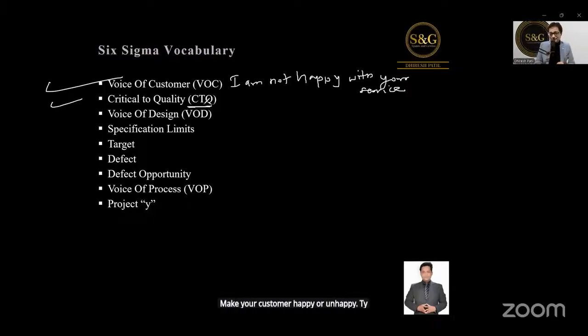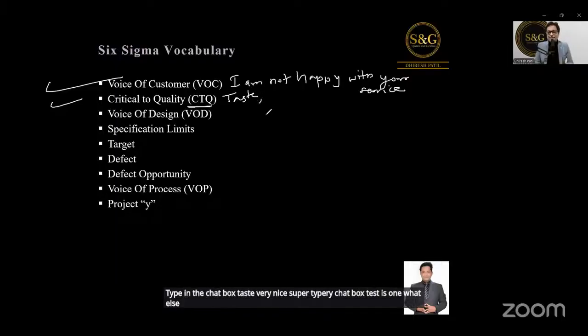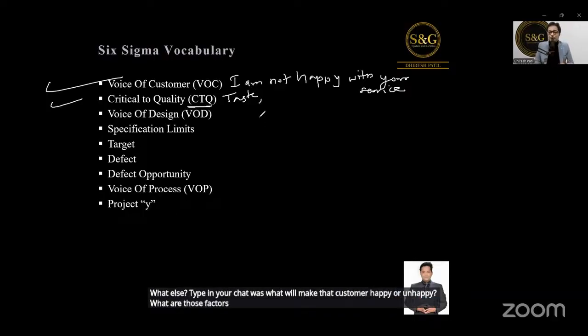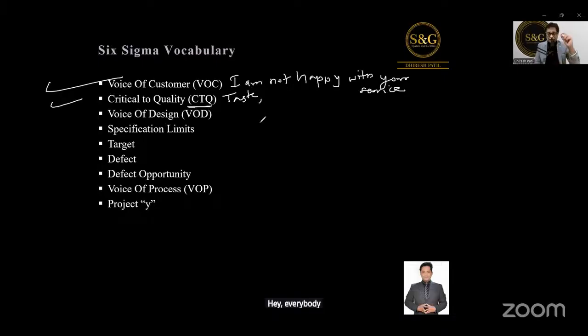Type in the chat box. Taste, very nice, super. Taste is one. What else? Type in the chat box. What will make that customer happy or unhappy? What are those factors? Everybody type that. Service. Okay. Fast service. Very good.